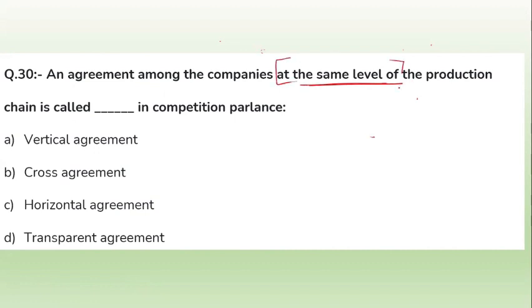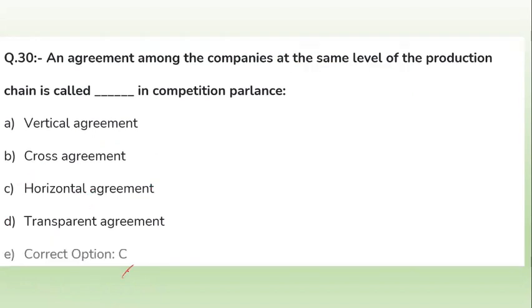This is important. When you prepare yourself, you do not need to understand the whole sentence. You have to pick a single word or single phrase, and in that you can get your answer. At the same level of production chain. This is option C, horizontal. So option C is the right answer.